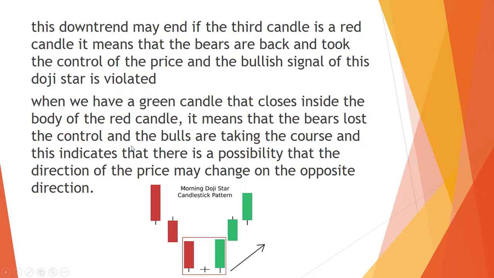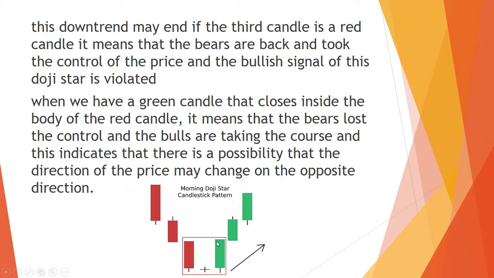If what follows is a green candle that closes inside the body of the red candle, it means the bears lost control and the bulls are taking over, and this indicates a possibility that the direction of the price may change to the opposite direction. Because we have a green candlestick after the doji, which means indecision, we see a price change.